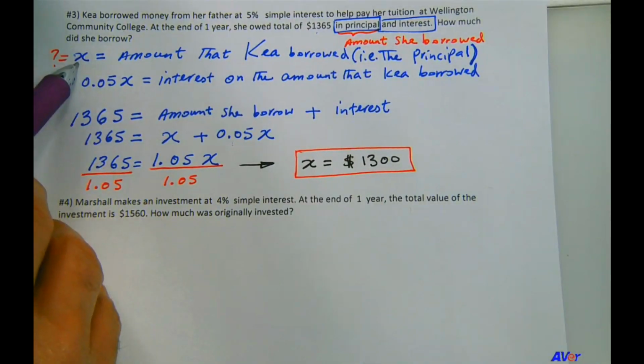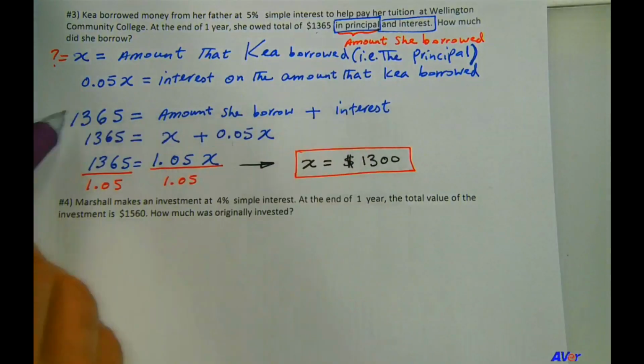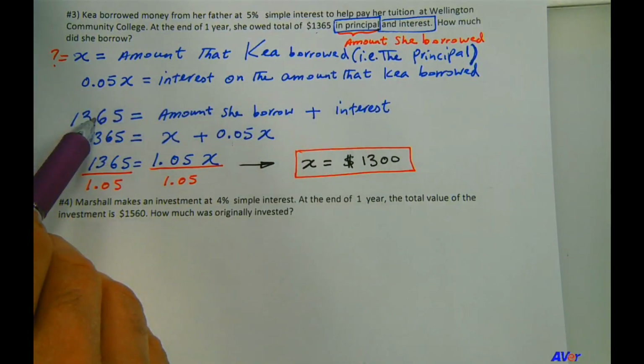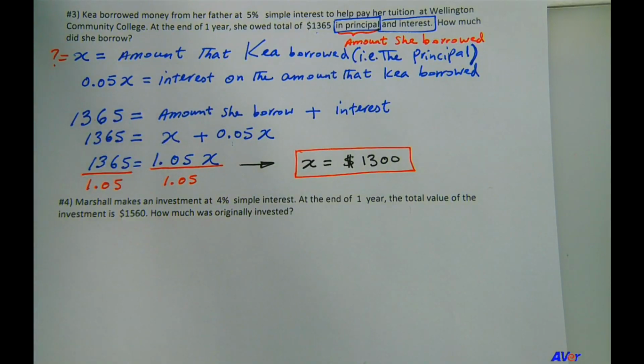You assign a variable to it, and then you establish a relationship between the known and the unknown. Okay, that approach is the same for all word problems, whether you're taking an economics course, marketing course, finance course, physics course, chemistry course. That is always the same.